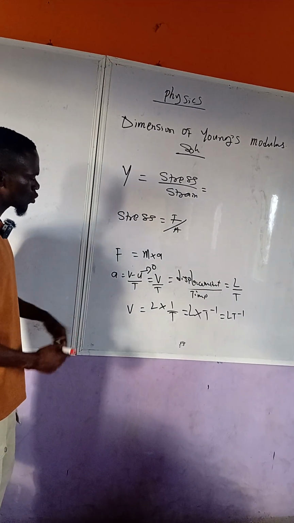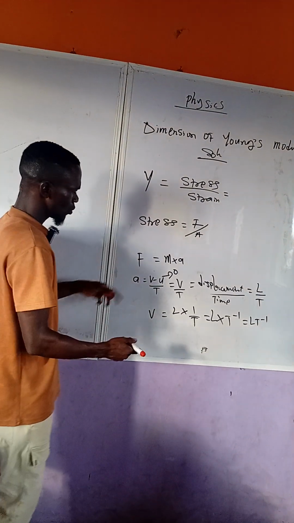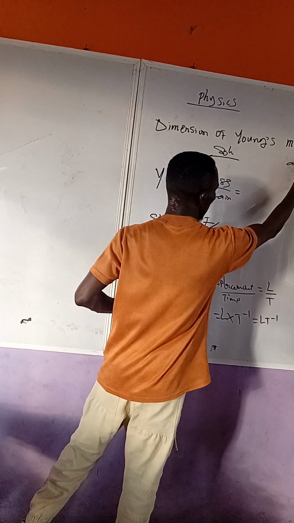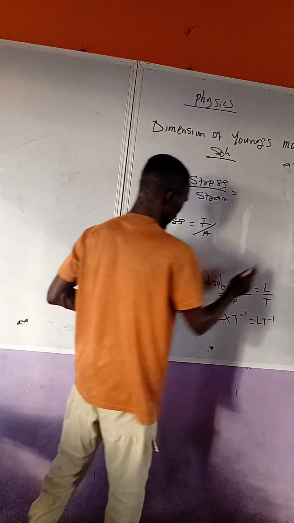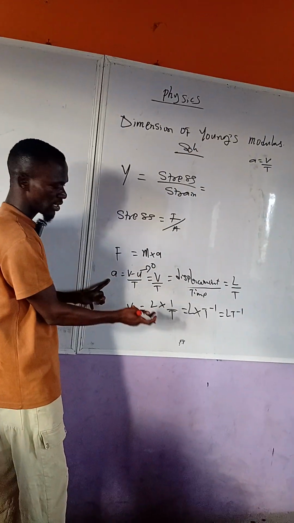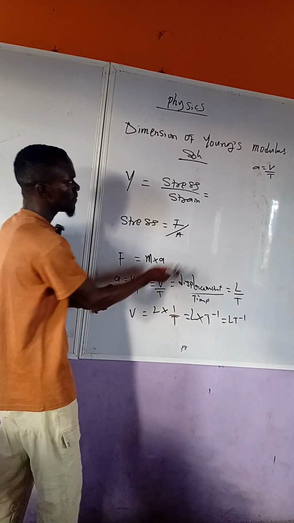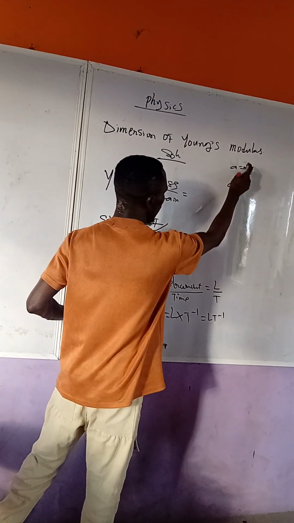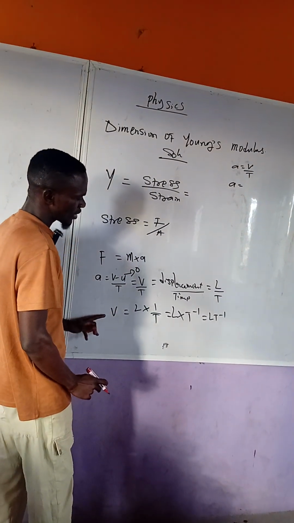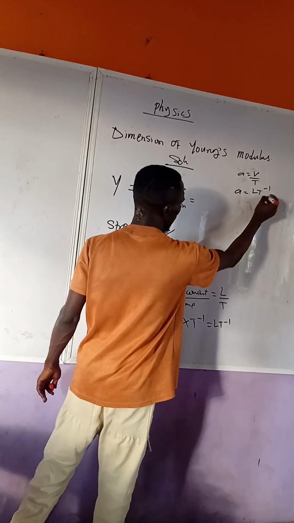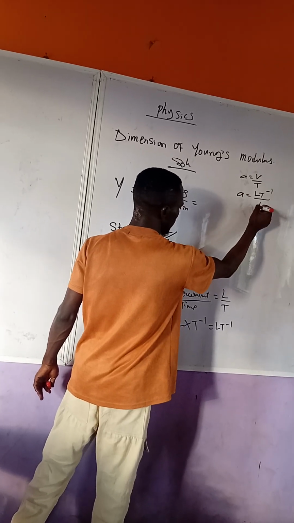Now let's come back to our acceleration. Remember that acceleration is v over t, since the initial velocity u is 0. Our v we derived as L t raised to the power of minus 1, over this t that is here.